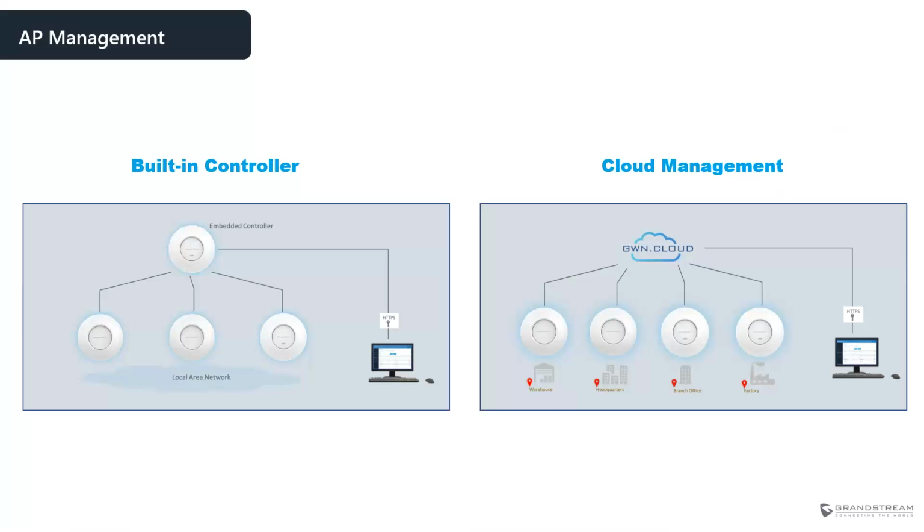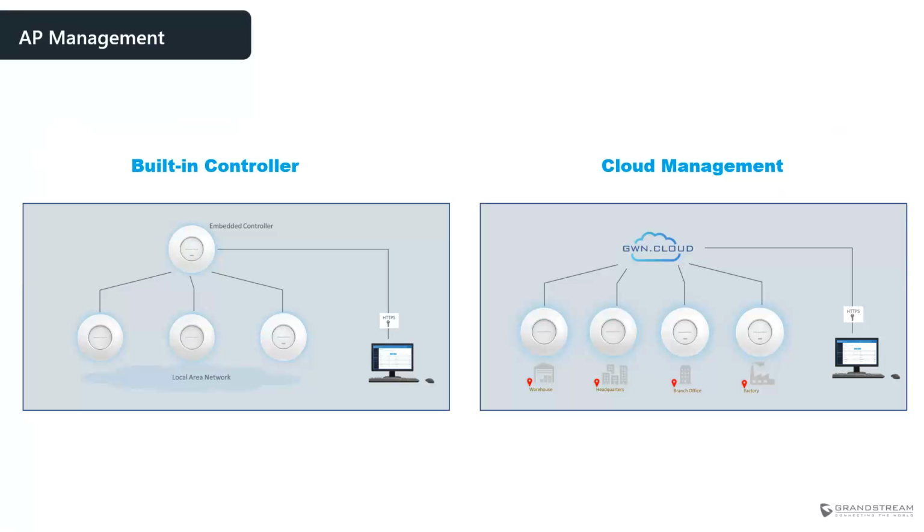In case you have more than 50 access points, because that's the maximum that a built-in controller can manage, Grandstream also offers GWN Manager, a free software that you can download from the Grandstream website and install on a Linux machine, and it allows you to manage up to 3,000 access points deployed in the same local area network.